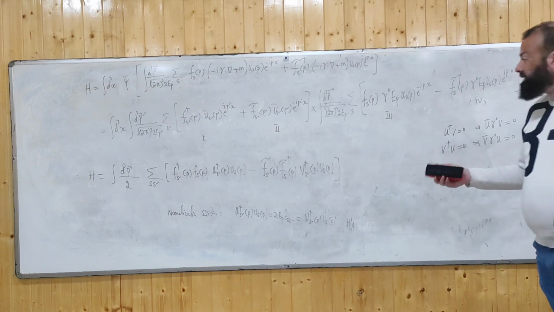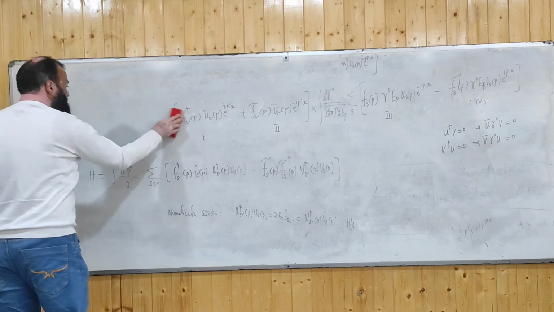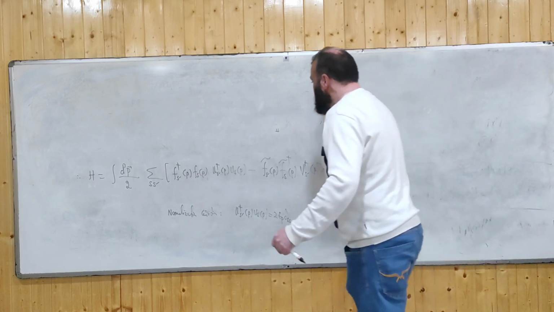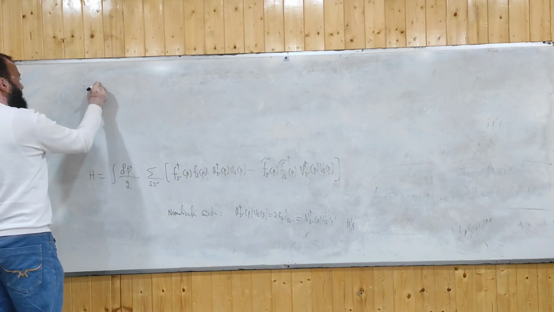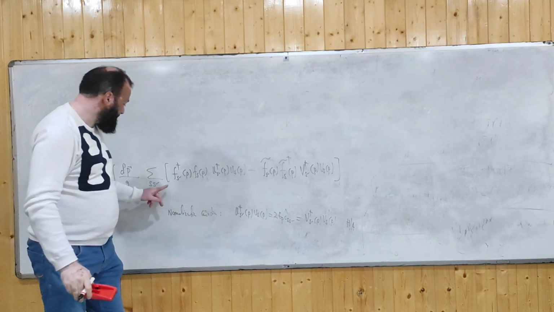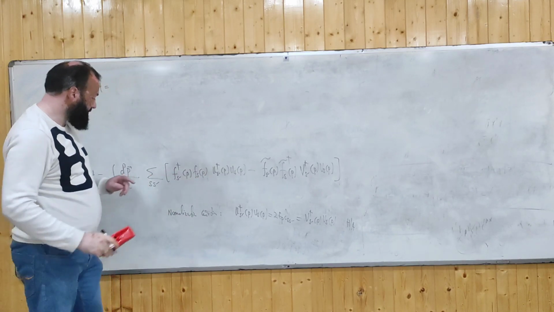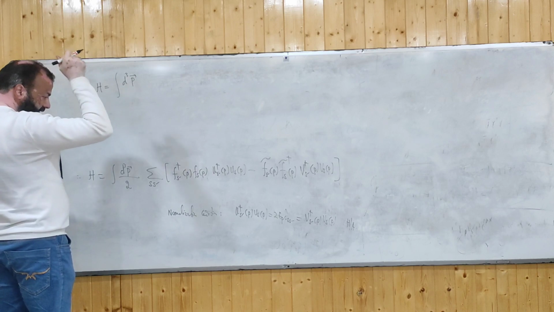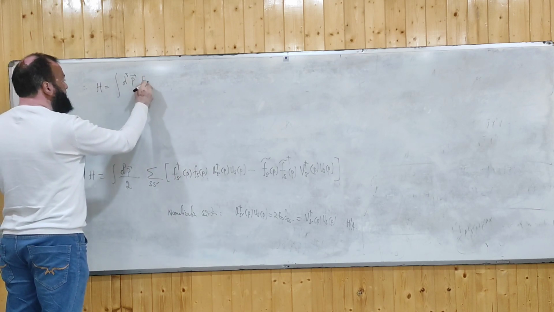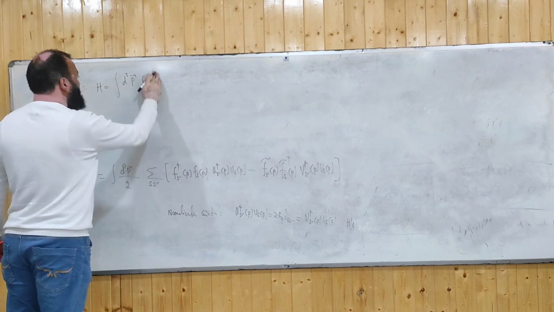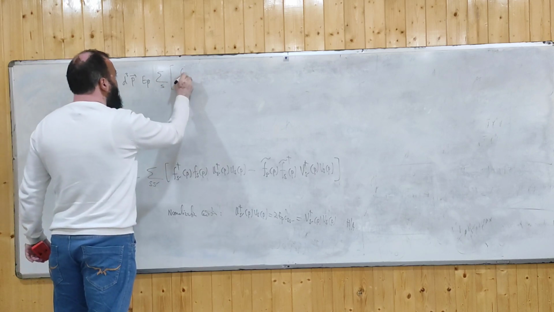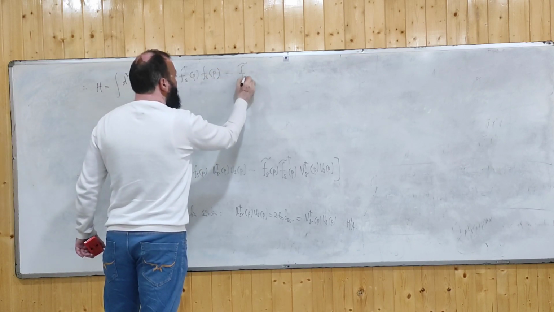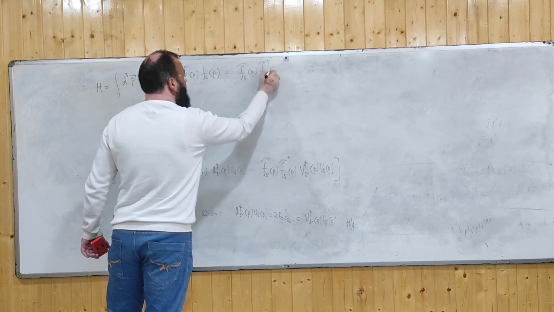So what do you get? Therefore you will get this H is equal to twice EP delta S S prime, sum over S prime, so S prime will be replaced by S. It is integral d3p, and the 2 will cancel, so you are having simply EP, summation over S, then F dagger S P F S P minus F tilde S P F tilde dagger S P. Clear?